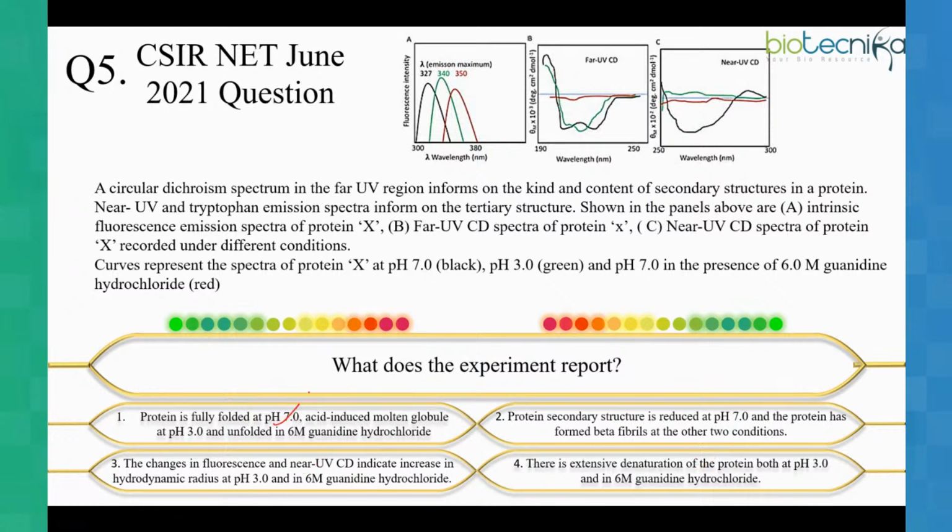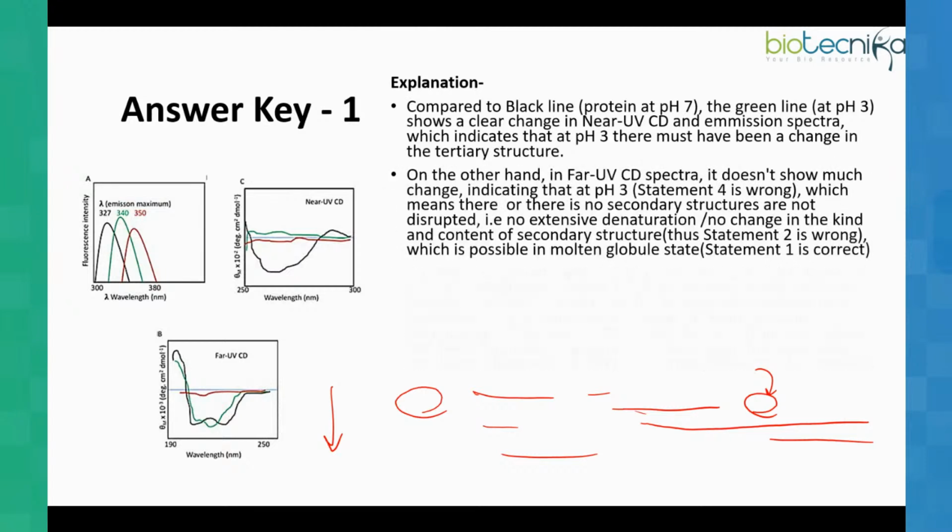The protein is fully folded at pH 7, because of which it shows proper far UV and near UV spectra. And it is an acid induced molten globule at pH 3, where secondary structures are still intact, and unfolded in 6 molar guanidine hydrochloride, where complete loss of 3D structure is taking place.